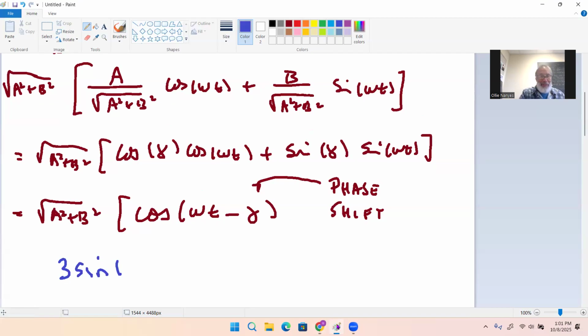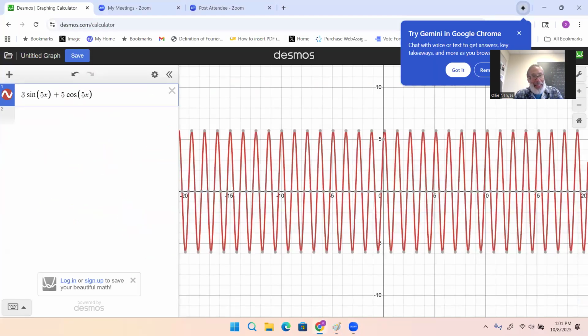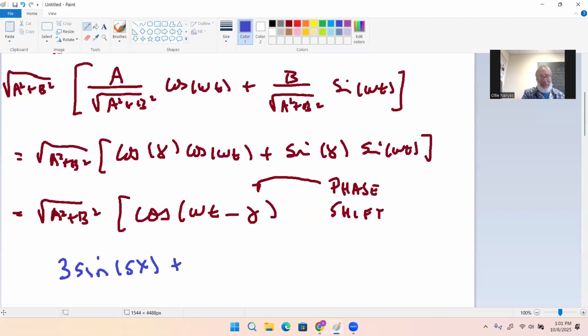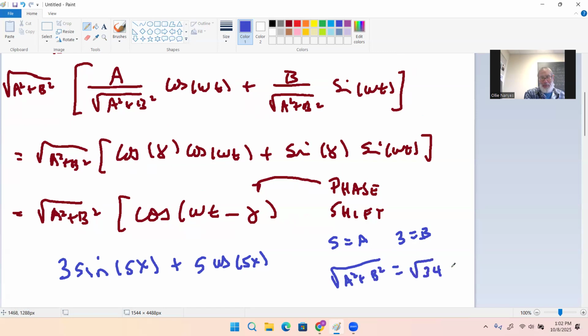The coefficient 5 will be your A, and 3 will be your B. The square root of A squared plus B squared is the square root of 34.